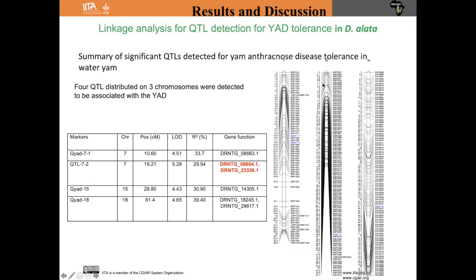And then you can see here we now went back to the genetic map, and then refreshed those markers that we identified to be associated with yam anthracnose disease. You can see those 2 on chromosome 7, one is here, another one is here in the same interval. The one on chromosome 15 is here, and then chromosome 18 is here in blue.